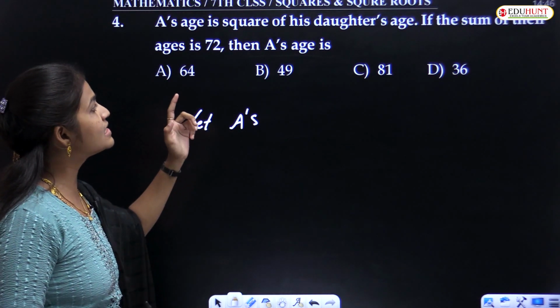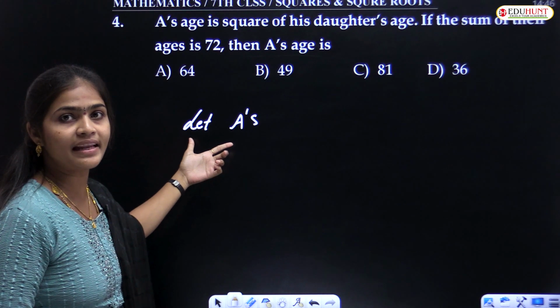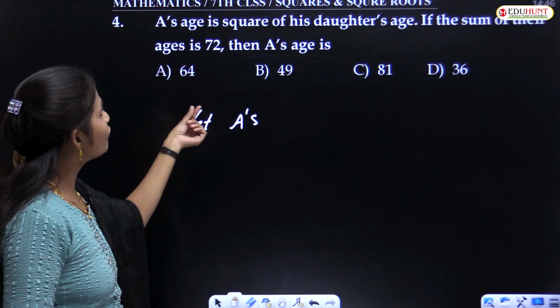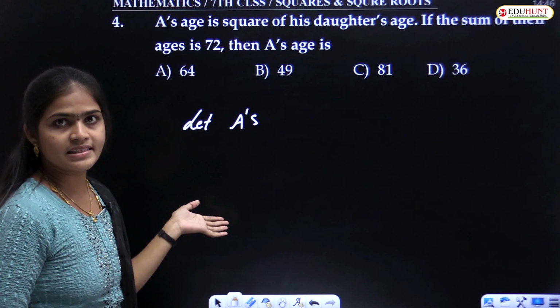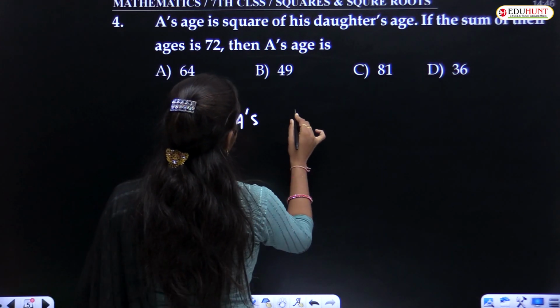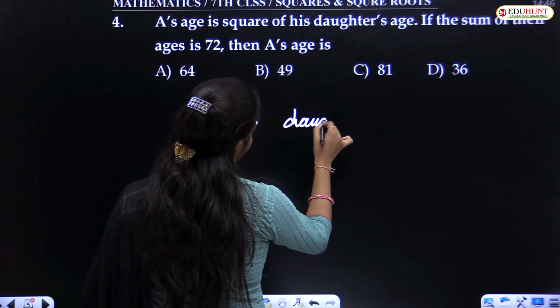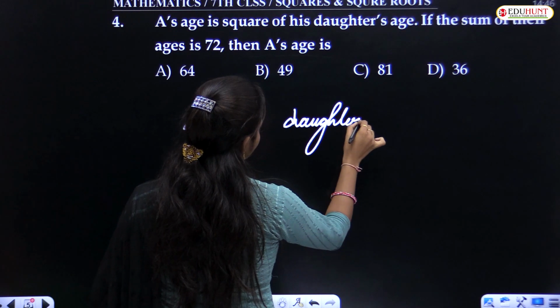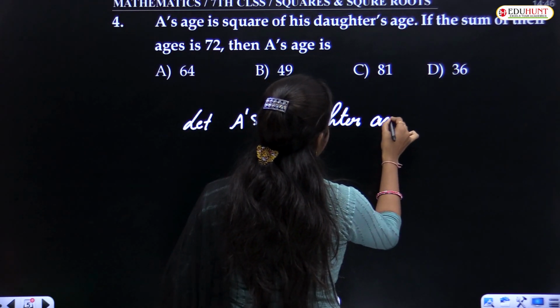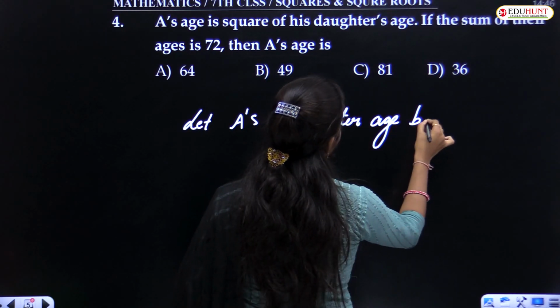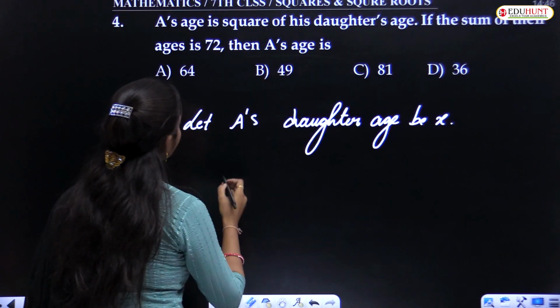His daughter, means A is male here, no? So A is the father, and A's daughter is some x.